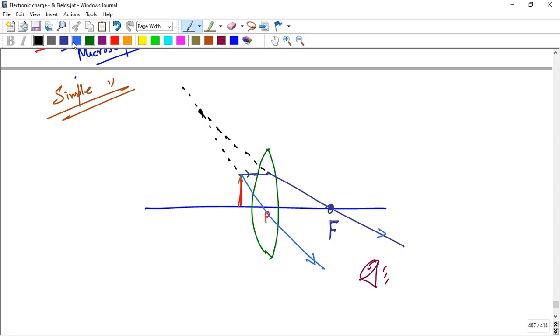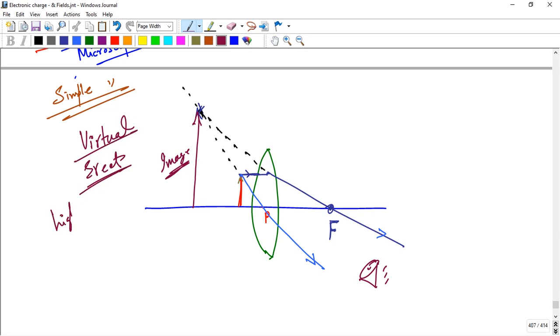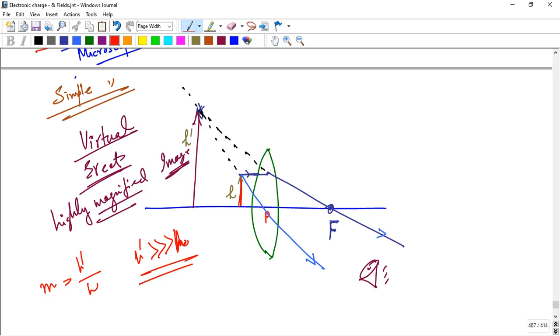You see that's the cut point, and here is the image, and that image is a virtual image, virtual, erect, and highly magnified. If the image height is h dash and the object height is h, the magnification is h dash by h, and h dash is much greater than h. So that's highly magnified.